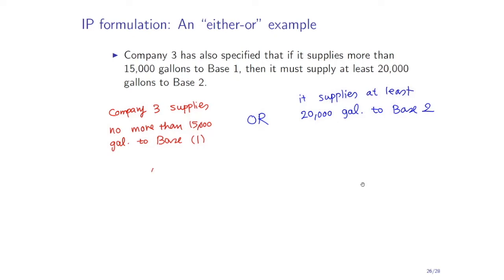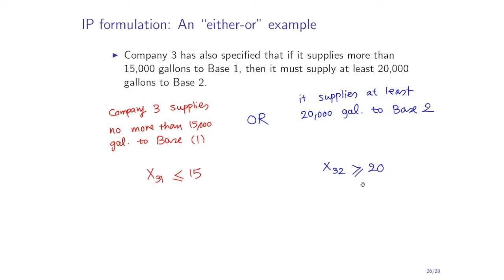Mathematically, the first case means that the supply of the third company to base 1 is less than or equal 15, and the second is the supply of X32, the supply of the third company to the second base, is greater than or equal 20.